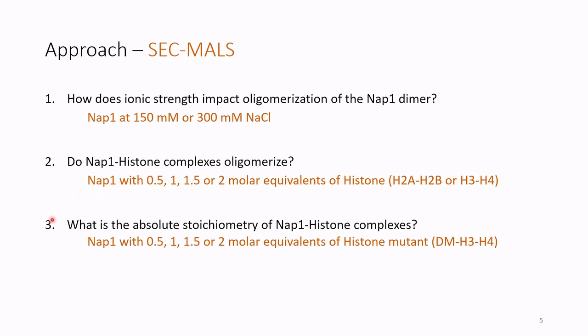And then to understand the absolute stoichiometry of Nap1 histone complexes, we are going to look at our observed data, compare it to our theoretical molecular weights, and make conclusions about stoichiometry, especially the stoichiometry of Nap1 and H3H4, where we are going to perform SEC-MALS of a histone mutant called DMH3H4. But we'll get to that a little later.